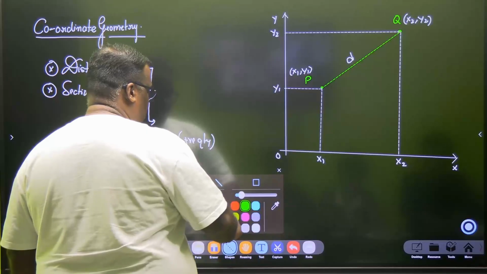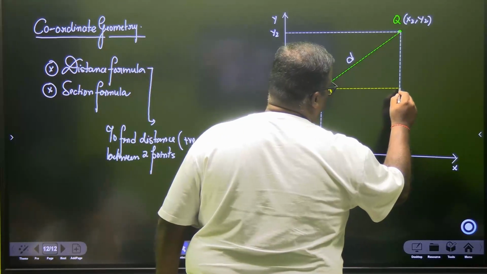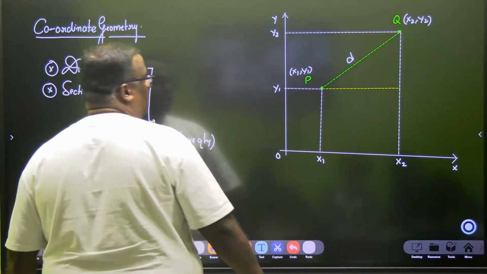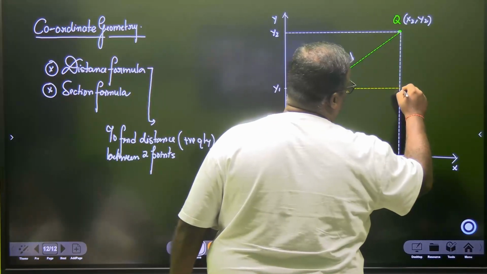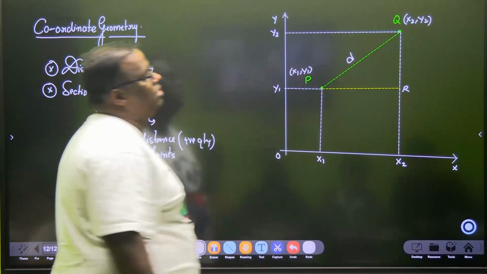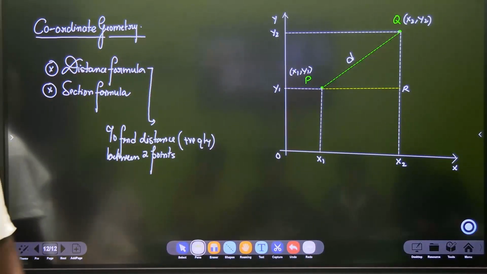And a couple of more things: I'm extending a parallel line here, and let's name this point R. Very easy. This is R.